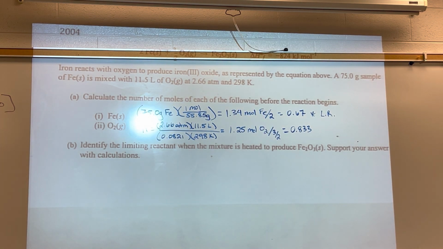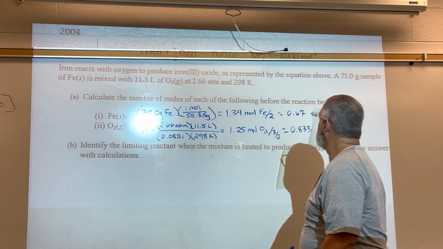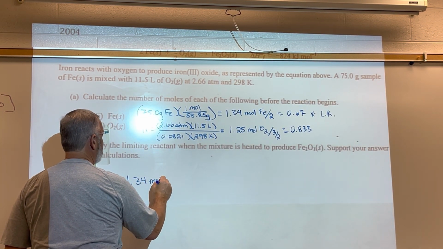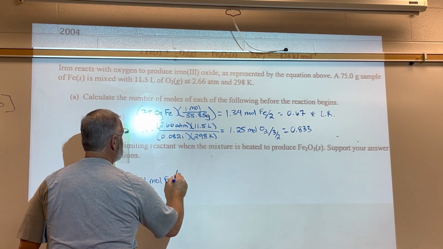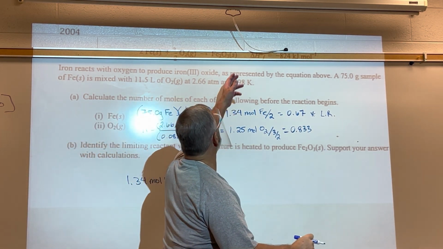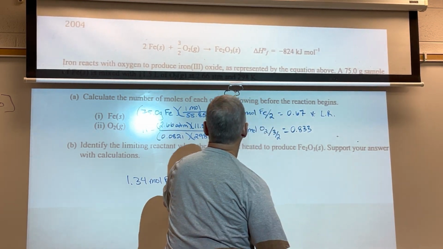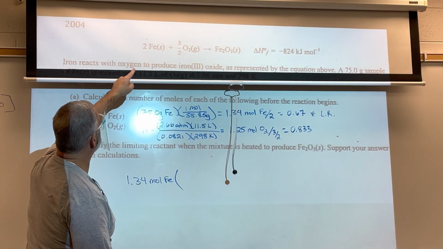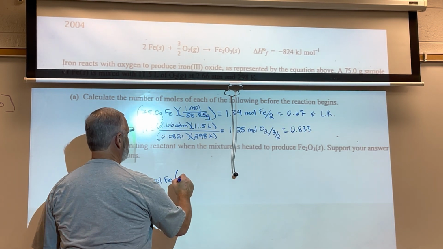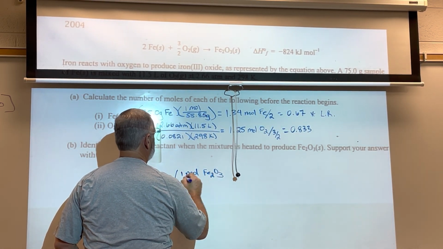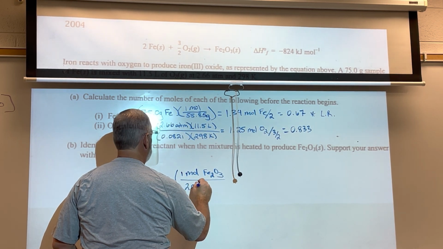Okay, now C says how many moles of Fe2O3 will be produced. Well, we have 1.34 moles of Fe times, when we look at the equation, the equation says that for every 2 moles of Fe, I'm going to make 1 mole of Fe2O3.